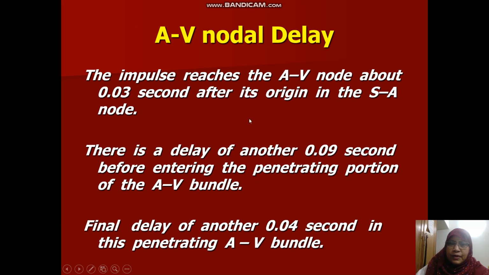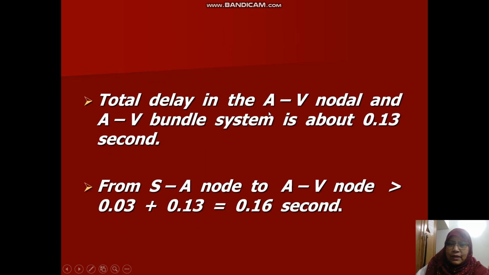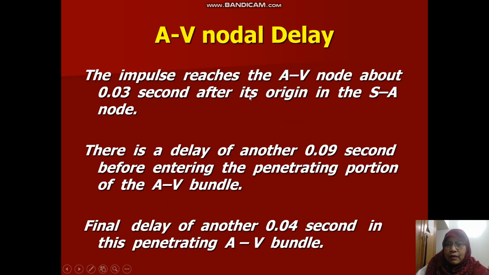In AV node, AV nodal delay is important. For impulse conduction from SA node to AV node, it requires 0.03 second. But there is a delay in AV node, that is 0.09 second after entering the AV node.